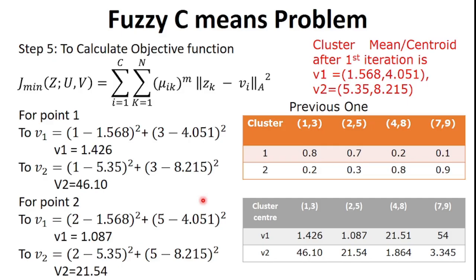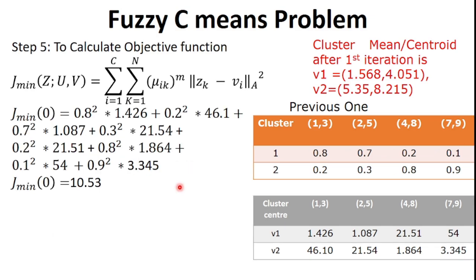You will get V2 equal to 46.10. Do it for the remaining data points and you will get the remaining values. Kindly cross verify from your side. Now we are done with this particular value.